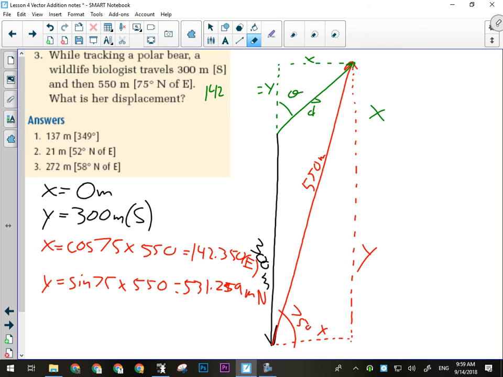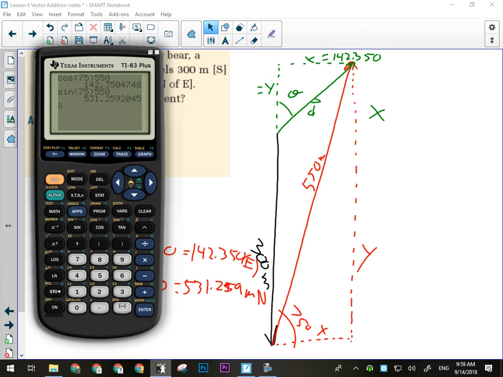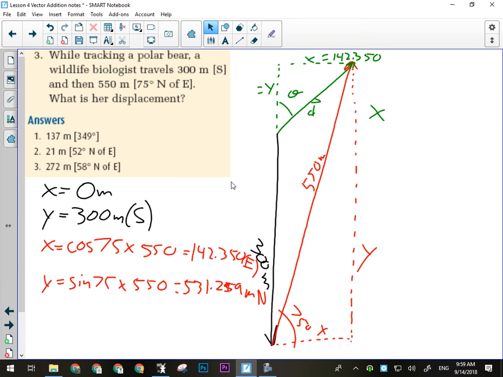Sorry, wrong one, the x component. And then the y component, well, we have to subtract them because we had one that was south and one that was north. So I'm just going to take that 531.259 and subtract 300 from that. So we have 231.259 there.